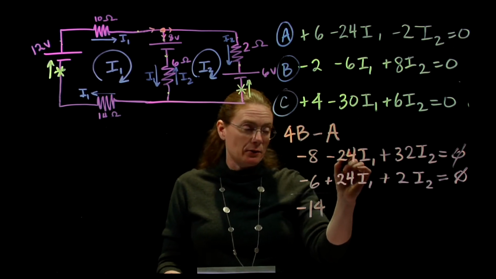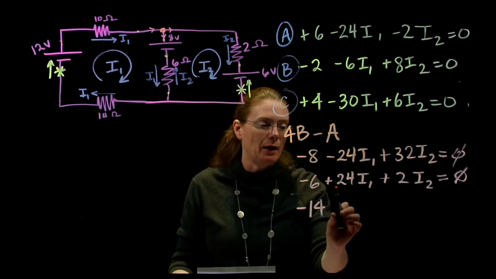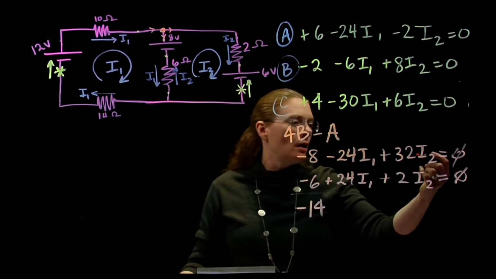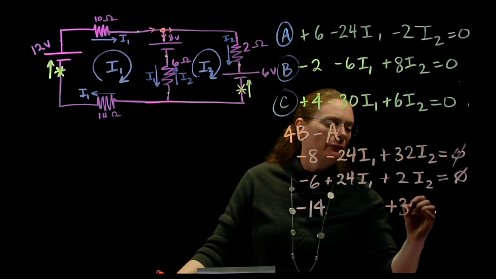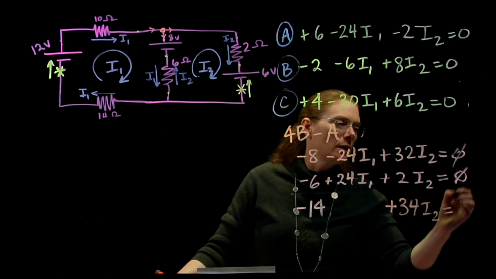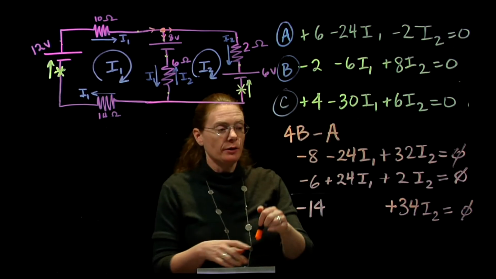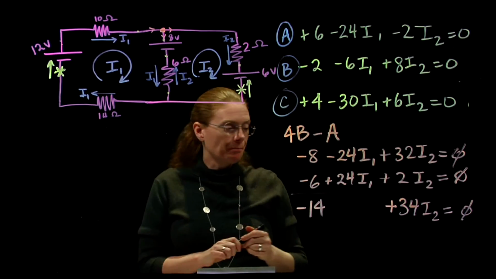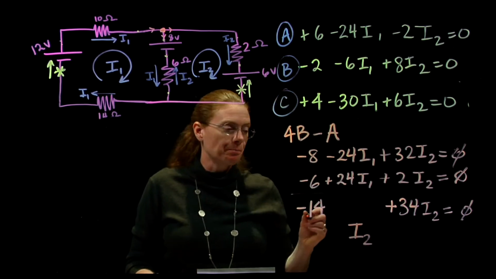Here's where the nice trick happens. Negative 24I1, positive 24I1. I1 is out of the equation now. Plus 32I2 plus 2 gives me plus 34I2. 0 plus 0 is 0. Now I have an equation without I1 in it. I can solve this for the current in the second loop.